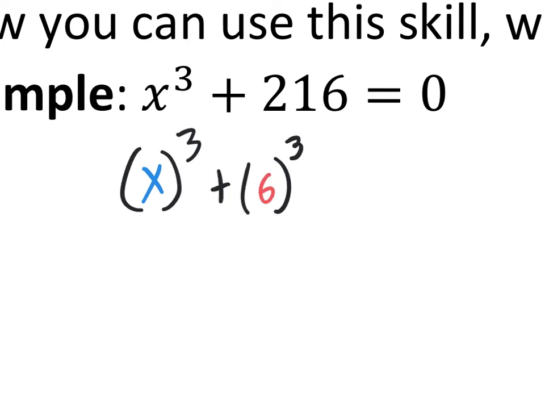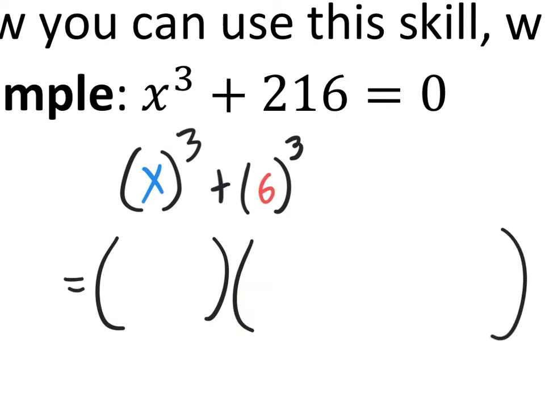So now we should be able to set up binomial times a trinomial, right? Because that's what it's going to equal. And the binomial is simply x plus 6. Now the trinomial, this is where I'm saying if you have a simple x and a simple 6 as your A and your B, you technically don't need the parentheses, right? The first term will be a squared, which in this case will be x squared.